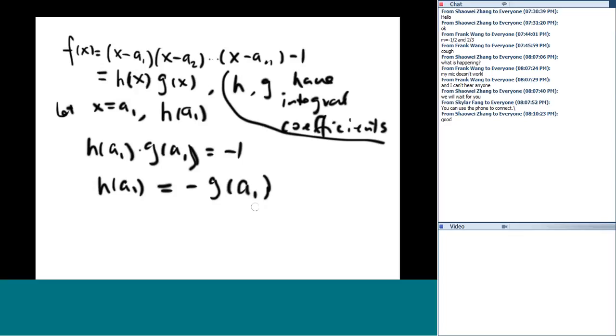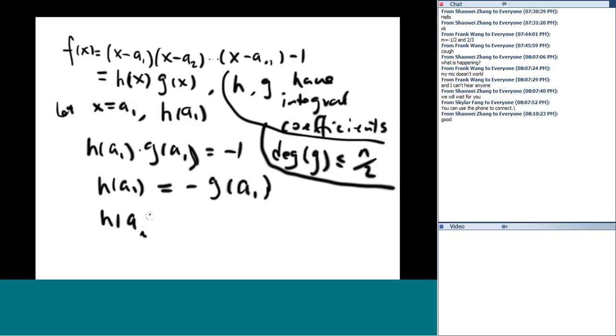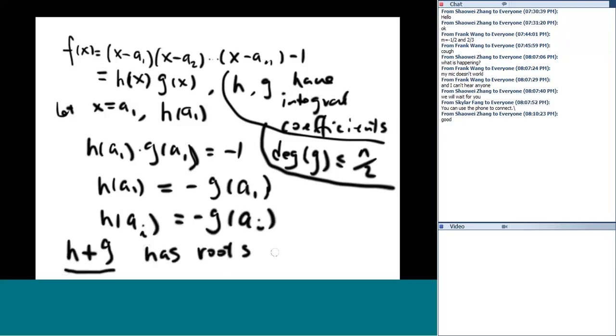So you can assume the degree of g is less than half, right? One of them must be at most half. So you have h(ai) equals minus g(ai), same thing. If you look at that polynomial h plus g, it has roots a1, a2 to an, so it has n roots.